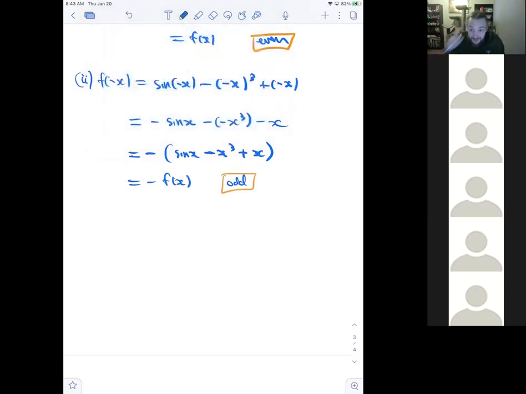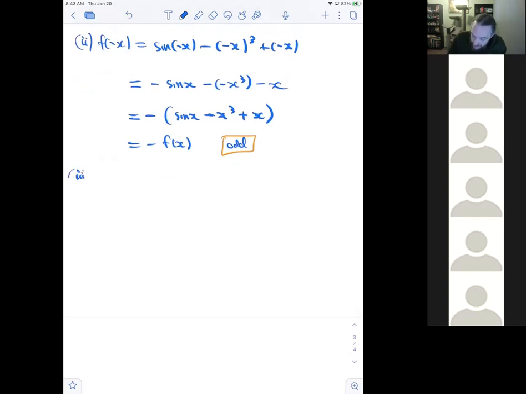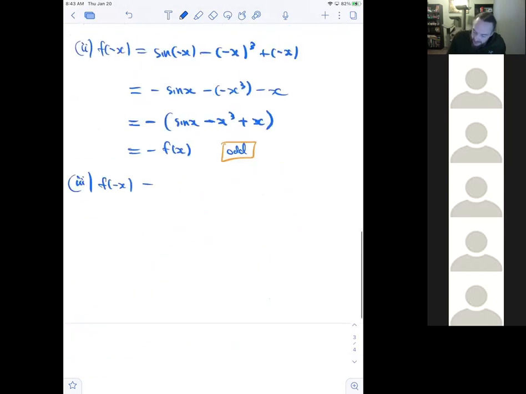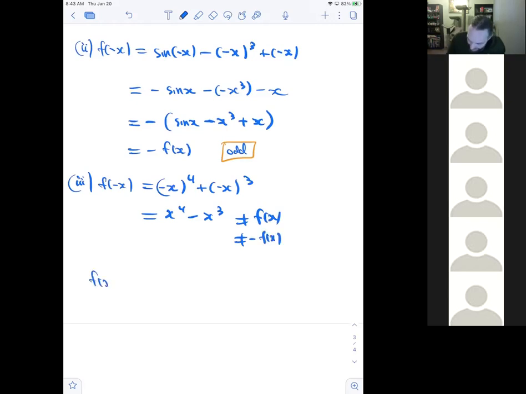And then when we have a mixture of these, f of negative x, if we have mixed powers of even exponents and odd exponents, this will be neither. This is negative x to the 4 plus negative x cubed. This first term, x to the 4, kills the negative, but now x cubed spits it out. This does not equal f of x. This does not equal negative f of x. f of x is x to the 4 plus x cubed, two positive terms.